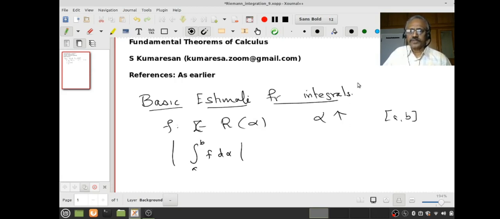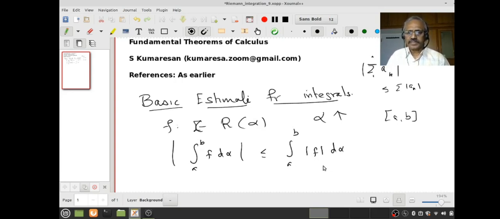Therefore, if I have some kind of summation of a_k and I want to estimate it, what is the obvious thing? Assume it's finite for the time being, this is less than or equal to the sum of mod a_k. So what should be the estimate you should have here? I'm sure all of you would have said it: the integral from a to b of mod f d alpha. This is the estimate I should expect.